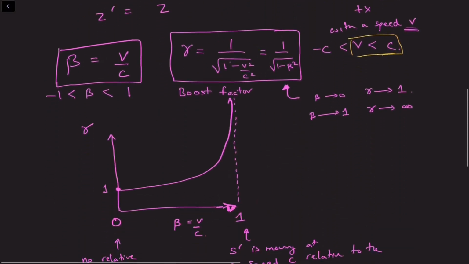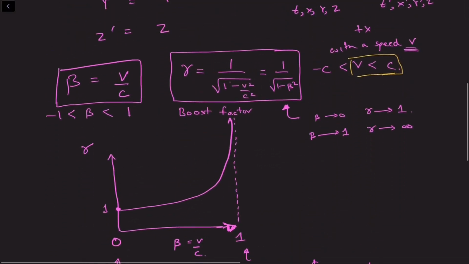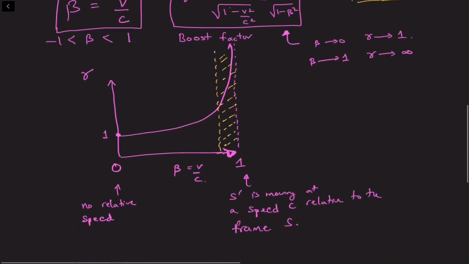And one more thing is that now we'd really like to understand this region over here where gamma starts to become large, where speeds are close to the speed of light. Sometimes, in order to understand this region a bit better, it's useful to make a redefinition of this quantity beta, which is v by c.